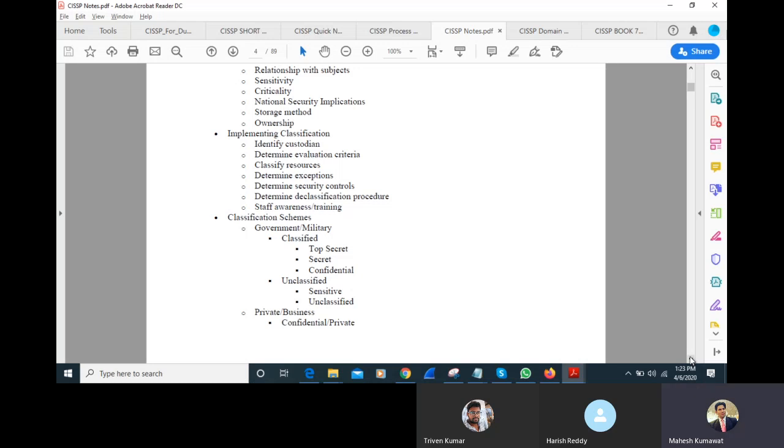Another thing is implementing classifications or identifying the custodian. The custodian is responsible for the data. The custodian is basically the one who has overall custody of the data. He is not responsible for backing up the data. Suppose the finance head of the company is not responsible for backup or availability of the data, or for its integrity.